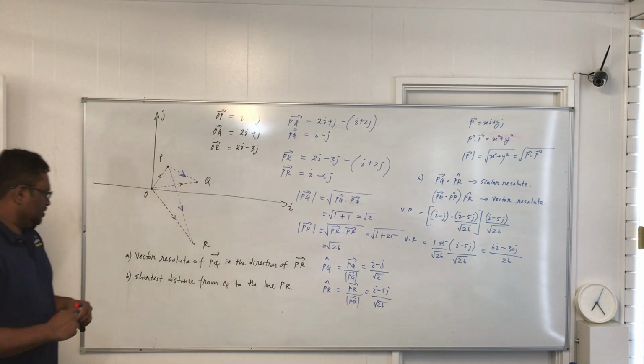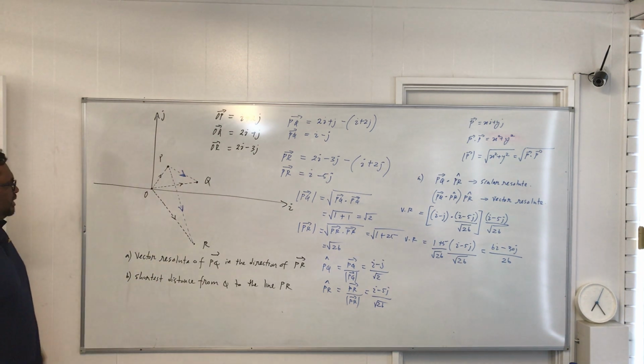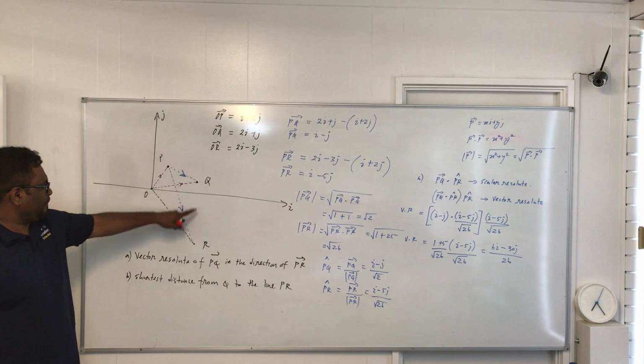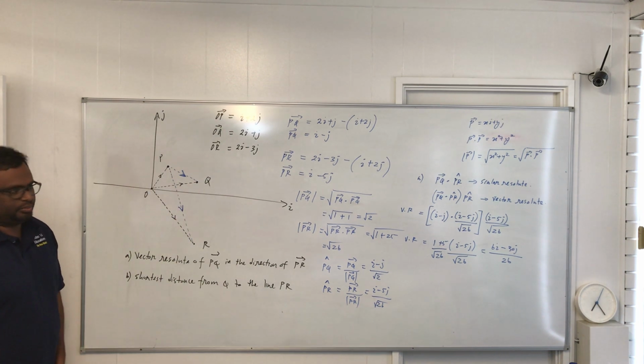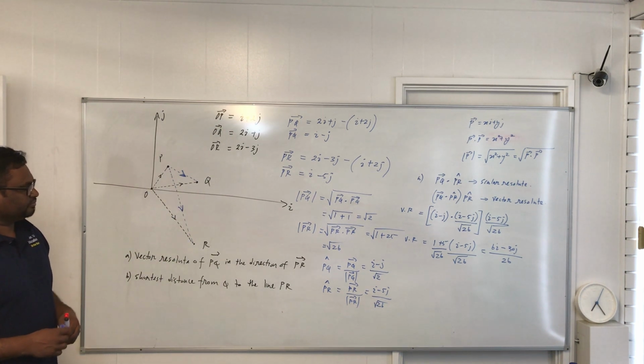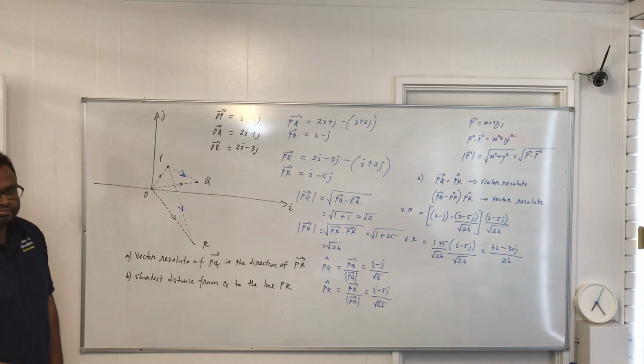Right? Shortest distance from Q to the line PR. The shortest distance from Q to PR would be what? Now how do you find that? Just give it a try.